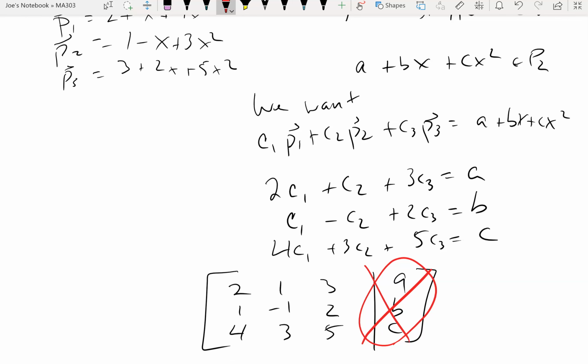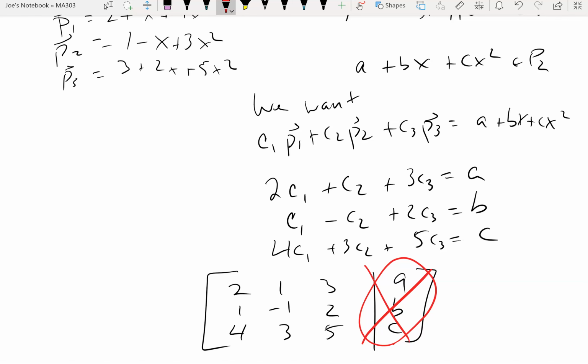Right? Because think about what you do. You would row reduce this, you would have 0, 0, 0, and then you would have some expression over here with A's, B's, and C's that has to equal 0 in order for it to be consistent. So just pick an A, B, and C that wouldn't make it 0, and it's inconsistent. Right? So all we're interested in is this matrix on the left.